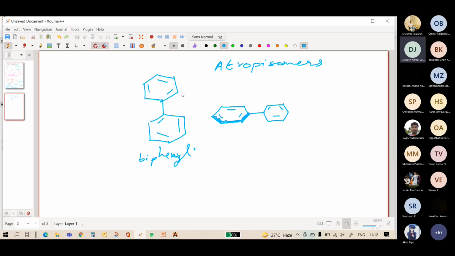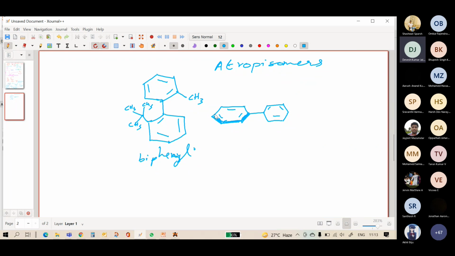But when you introduce certain bulky groups, like a methyl group here and a tertiary butyl group here, or two tertiary butyls also, the two rings cannot rotate freely. So they will be frozen in such a conformation that there is maximum distance between this group and this group.